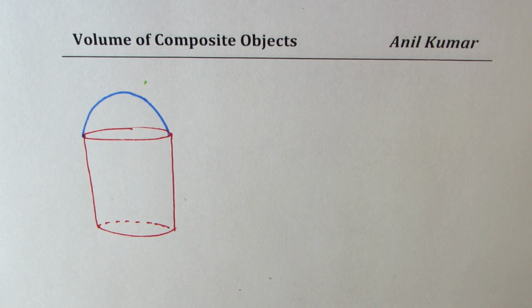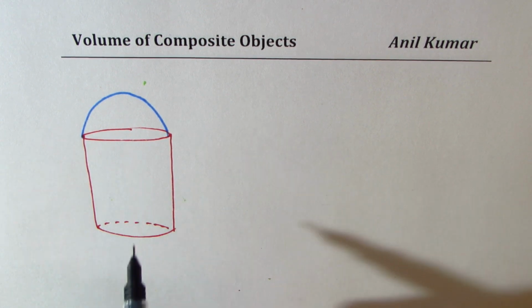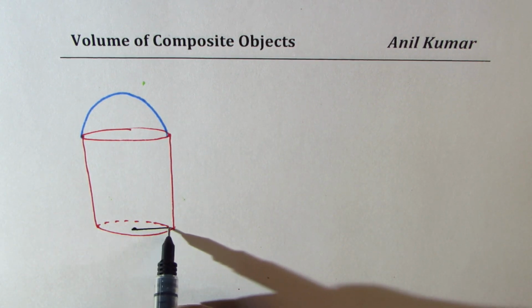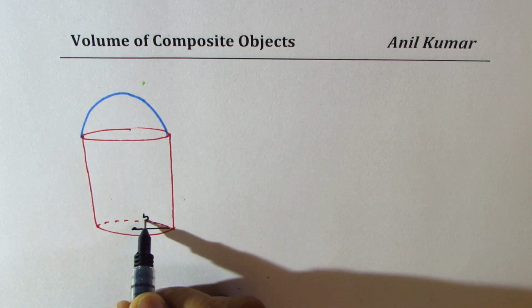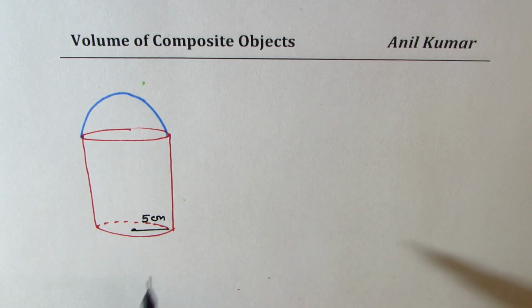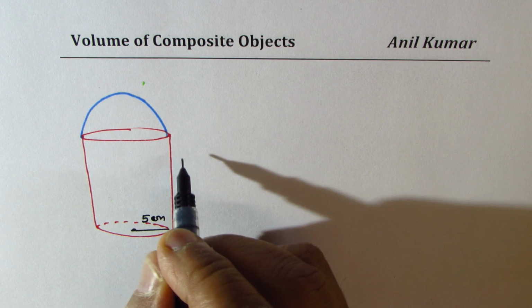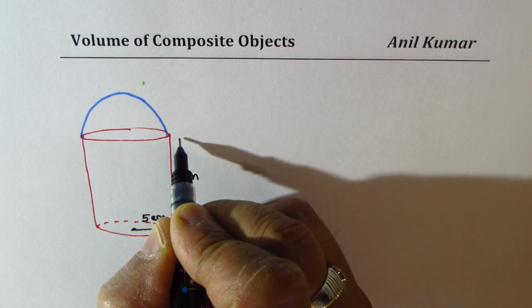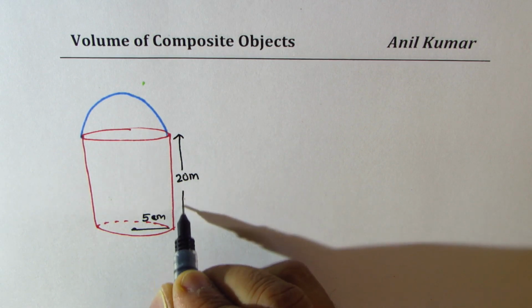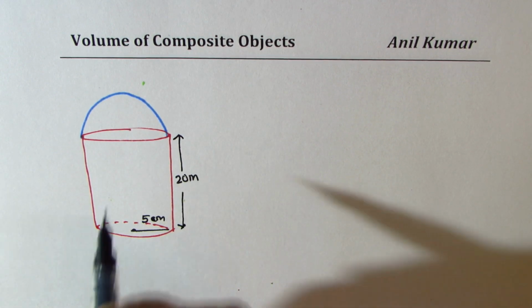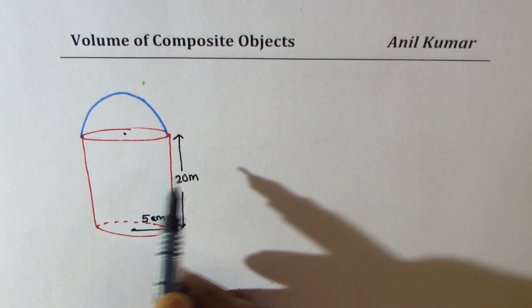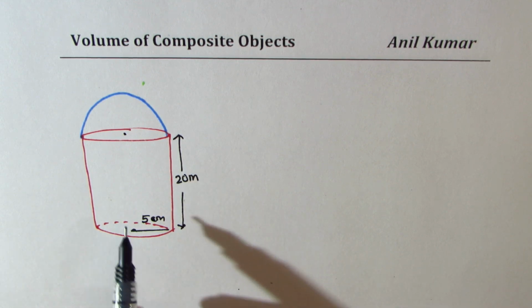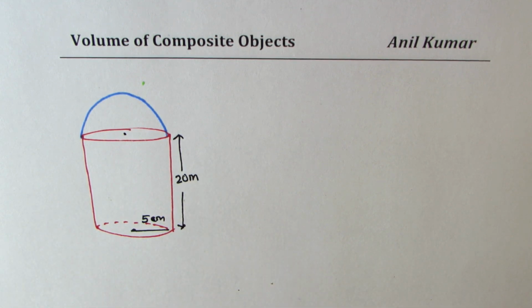Now what we are given in this case is the radius of this cylinder. Let's take 5 meters, and the height, let it be 20 meters. Now you need to find the volume of this composite shape.